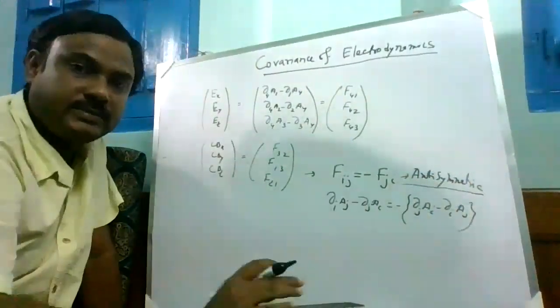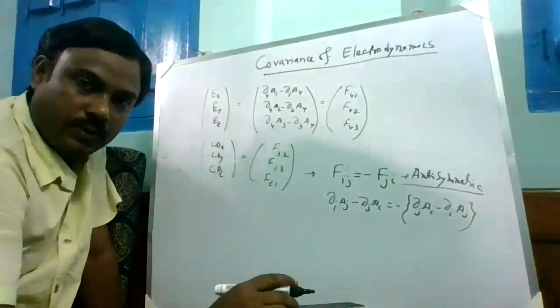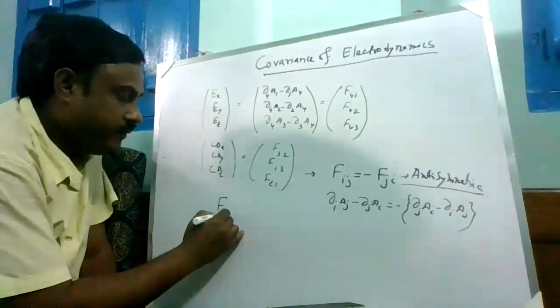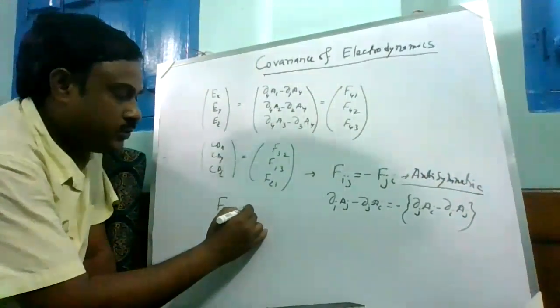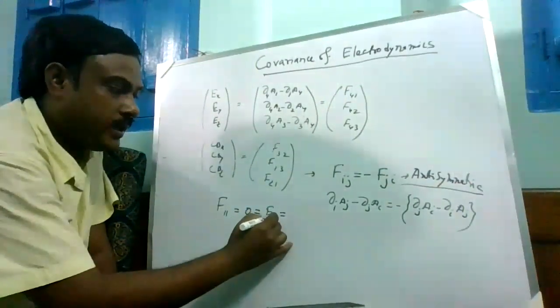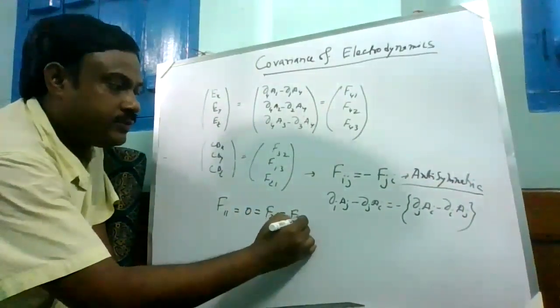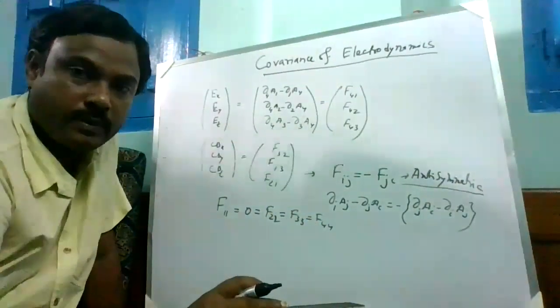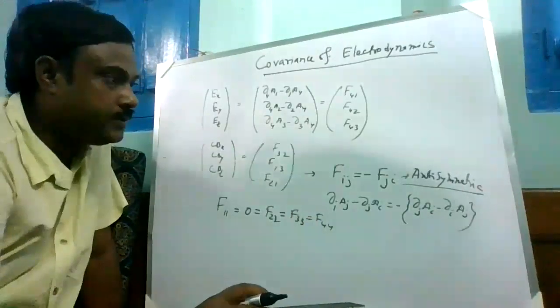Now, for an anti-symmetric tensor, you know the diagonal terms, F11 equals 0, F22 equals F33 equals F44 equals 0.